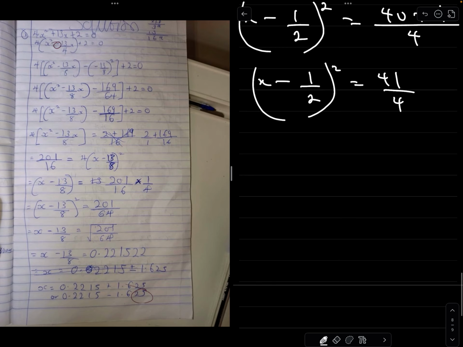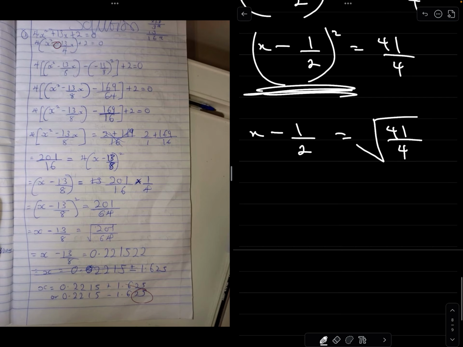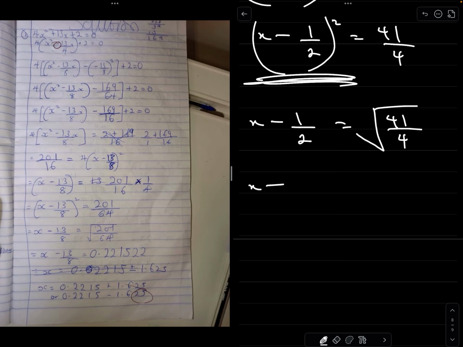Now we find the square roots of both sides. The square root of the left-hand side is going to be x minus 1 over 2. And the square root of the right-hand side will be the square root of 41 over 4. Let's find what is 41 divided by 4 first of all. 41 divided by 4, that's 10.25.